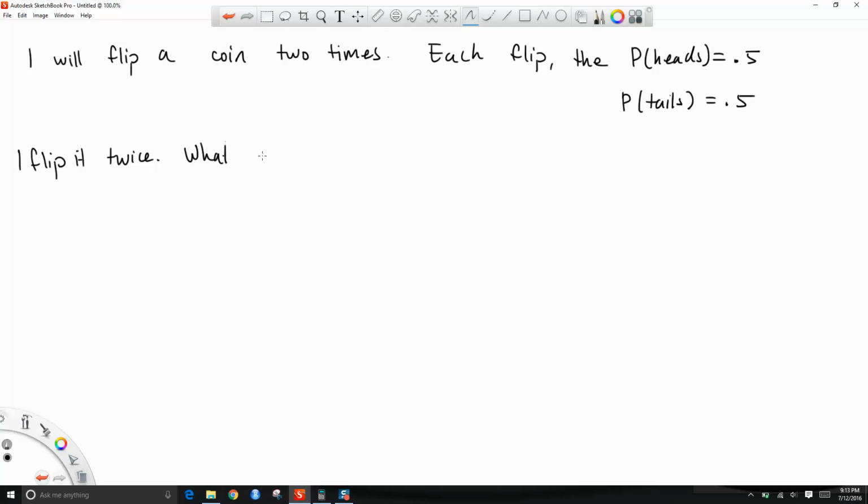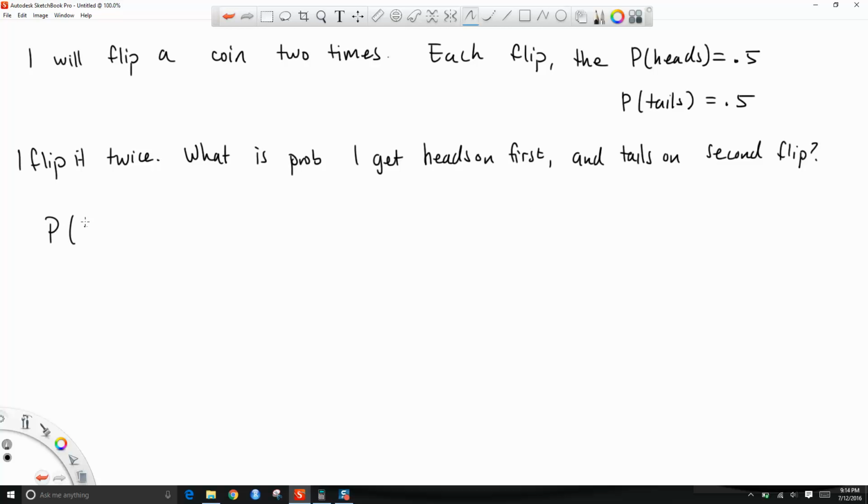What is the probability I get heads on the first and tails on the second flip? Okay, so this is asking what's the probability of getting heads on first and tails on second.